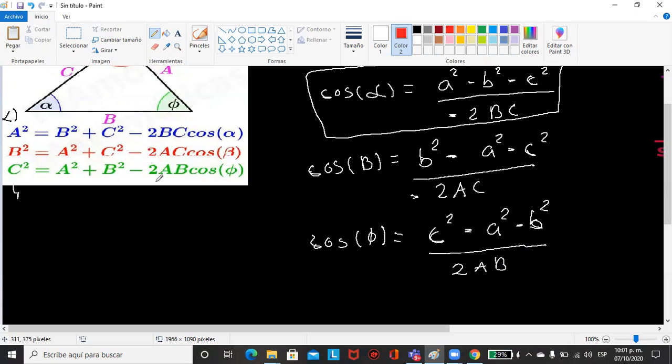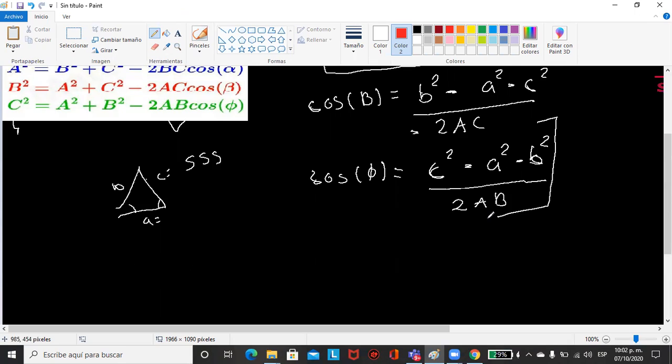Okay, because here we have 2 times AB. So this is the solving of this equation. Just simplify it, guys, and clarify the equation. So in case that you have a triangle with sides, because you have the measure of C, the measure of B, and the measure of A, you can use these formulas to find the angles in a triangle, right?